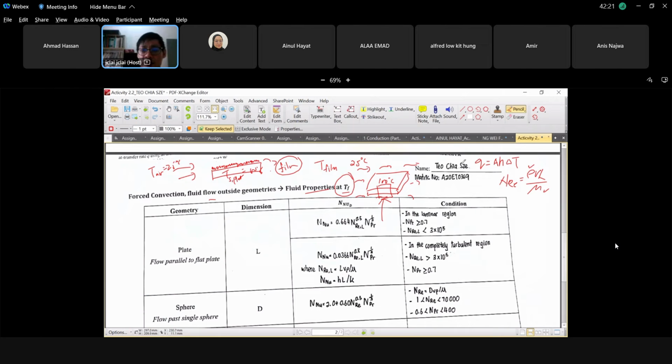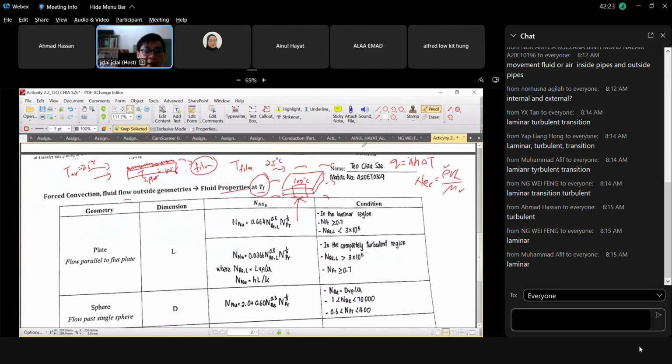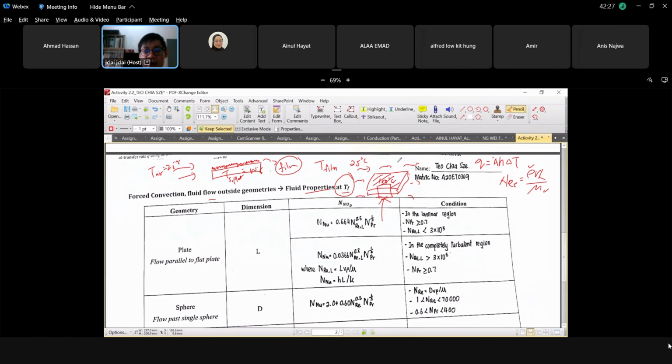So this surface is the A, and on this surface there will be a film, right? There will be a film. So the temperature of this layer of film is called TF, T film.